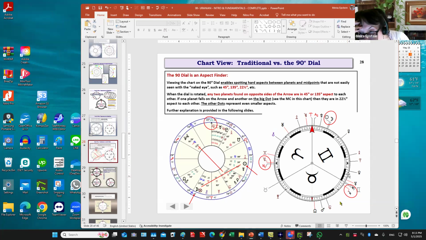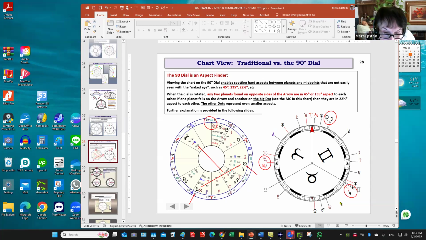This black dot in the zodiac is 7.5 mutable. It's in the area of the mutable, and it's 7.5 from the 0. Are you with me on that? So again, when I see planets in the regular chart at 7.5 mutable, my eye catches it. Oh, connection with the world axis. You don't have to, but it's nice to be able to see that. You don't have to because you will go to the dial and you'll see it right away.